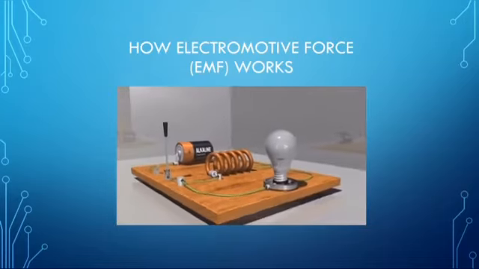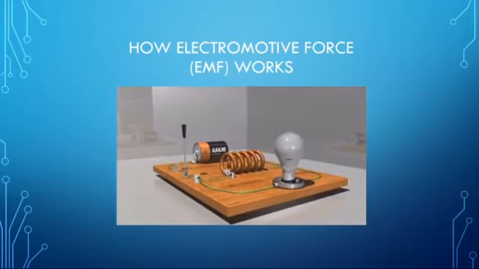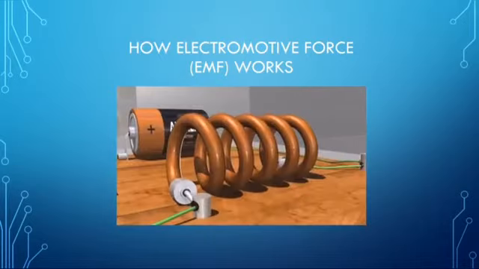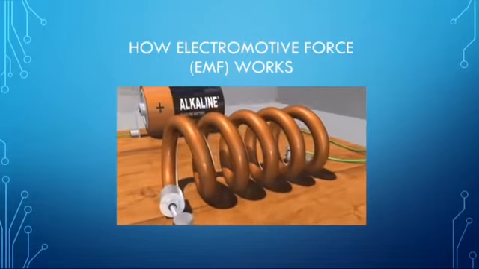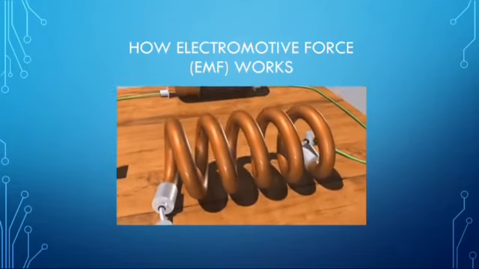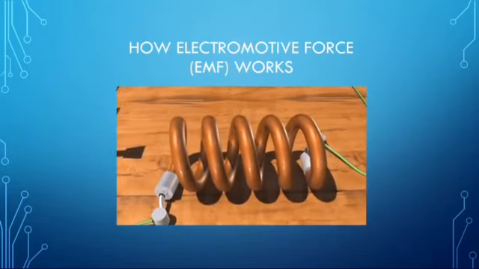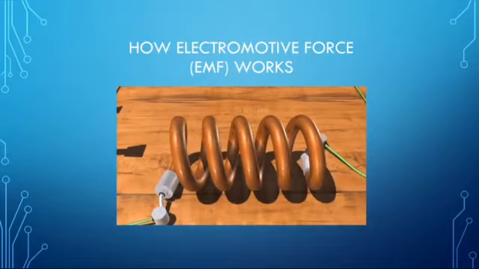This circuit also contains a wire coil that serves as an inductor. Inductors store energy in the form of magnetic fields that are generated around them when a current passes through them. They are called inductors because they induce a voltage in their coils when that magnetic field changes. We will see this in a minute.